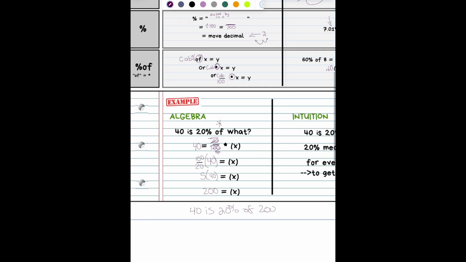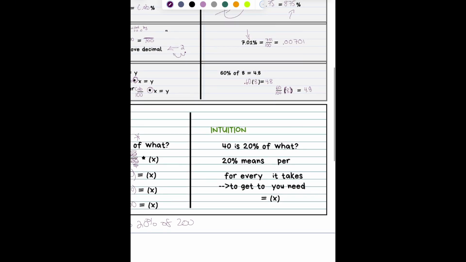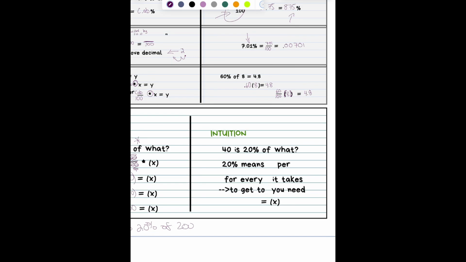Okay. Now let's think about that with intuition, because that is really where I want you guys to go with all of this. Percent is saying per 100. So if I have 20%, I have 20 for every 100. 20 per 100.